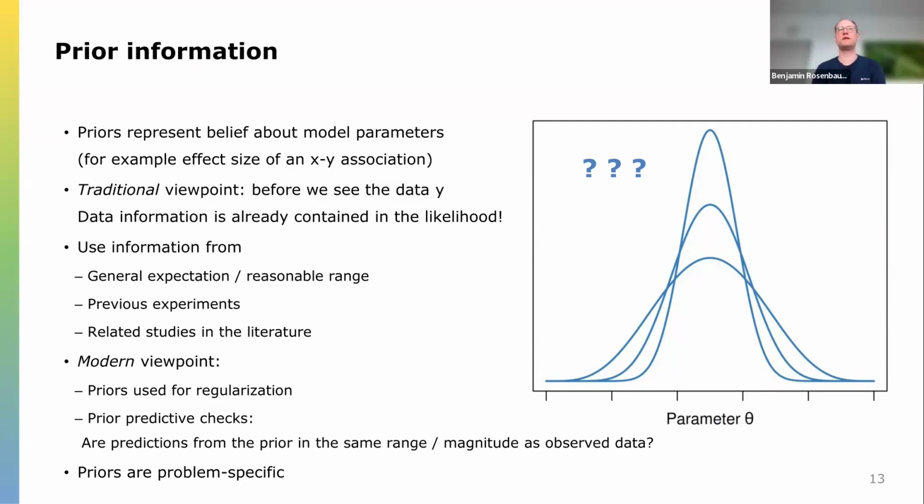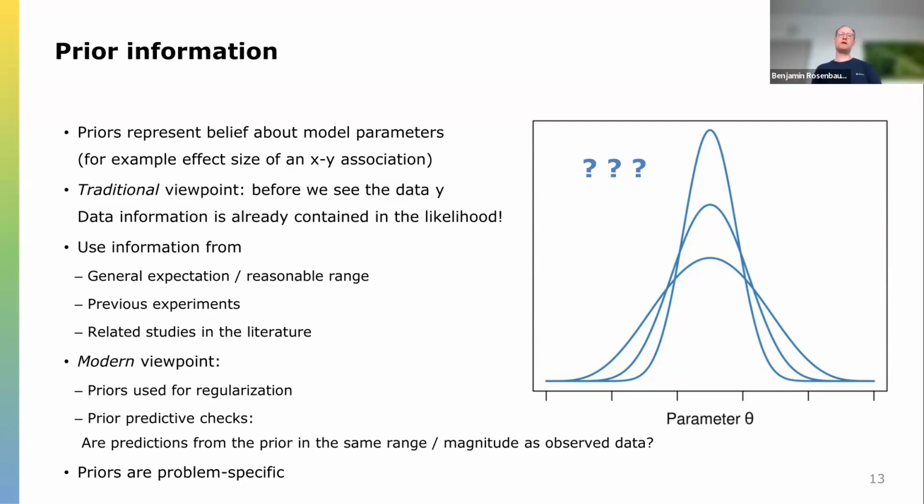That's a very old school interpretation, because often you don't have this information or exact information. In the literature, they always say, just look at some previous experiments or related studies. However, in ecology, often we do not have the luxury of these experiments because we are the first ones to perform them.